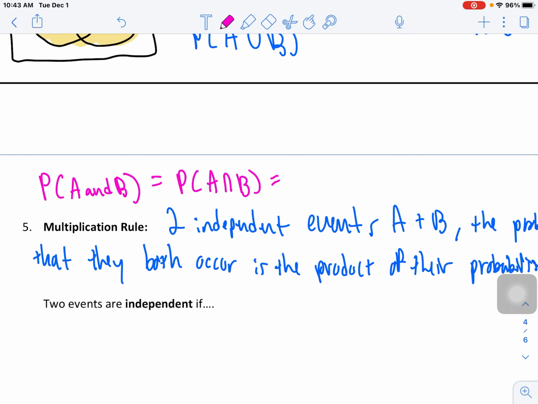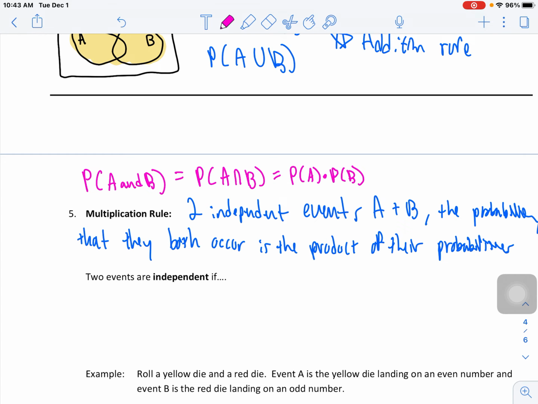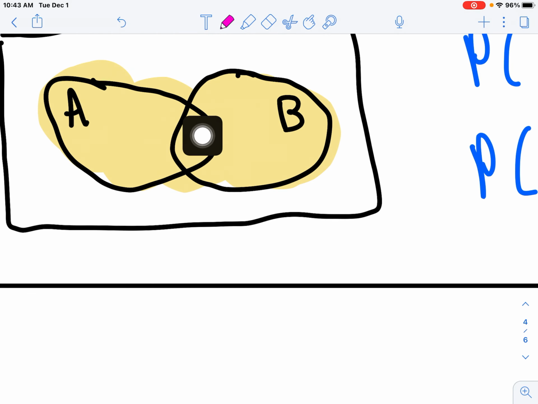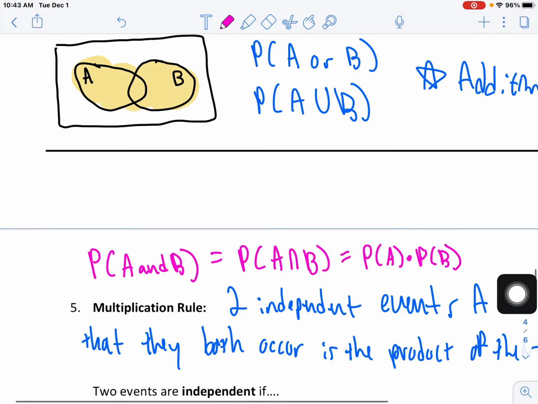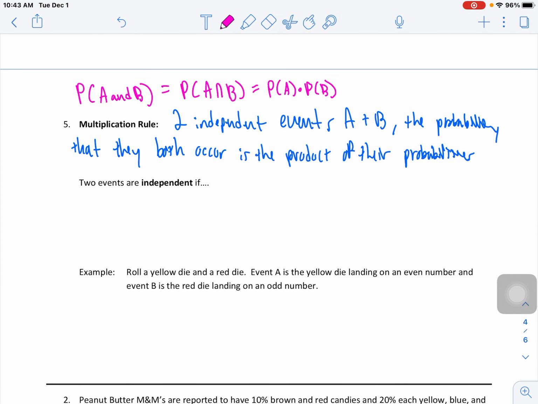That probability can be found by multiplying the probability of A times the probability of B. So like this picture, if I wanted to find out, hey, what's this little piece in the middle, and I knew what all of A was and I knew what all of B was, I could just take A times B and figure out what's in the middle. That's the multiplication rule.